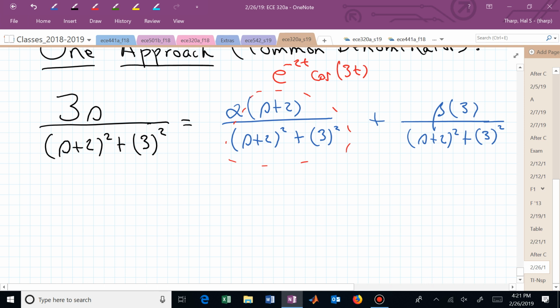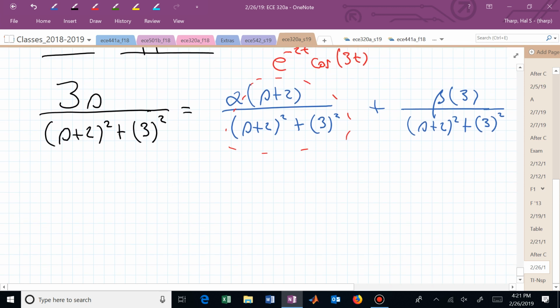So we have a linear term in s. What's scaling s? And we have a constant term, which is not even there explicitly, but we have a plus 0 on the left-hand side. And we can equate coefficients of s. We have a coefficient for s to the 1, that's 3. And we have a coefficient of s to the 0, that's the constant coefficient, and that's 0. So we have 2 equations in 2 unknowns. We can now solve for alpha and beta.